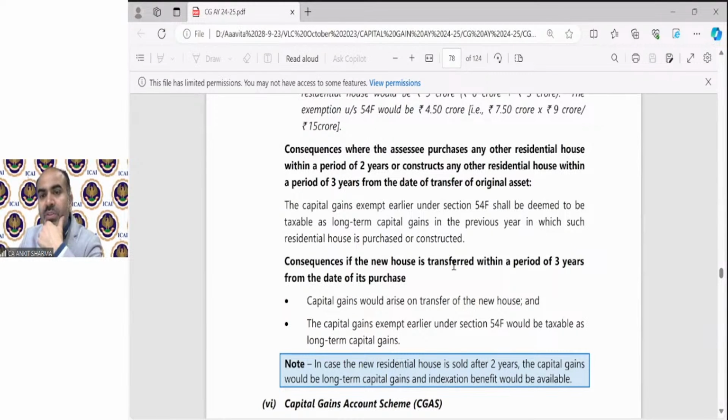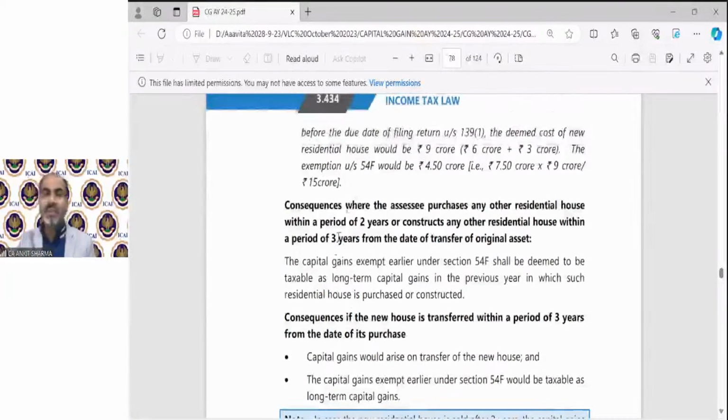If the new house is transferred within a period of 3 years from the date of its purchase, the gain will arise on transfer of the new house, and the capital gain exempted earlier would be taxable as long-term capital gain. It's the same thing. If you transfer after 2 years, it will be a long-term capital asset for the purpose of the new property, and indexation will apply. If it is before 2 years, then that will be the short-term capital gain. Exactly the same thing we have discussed.